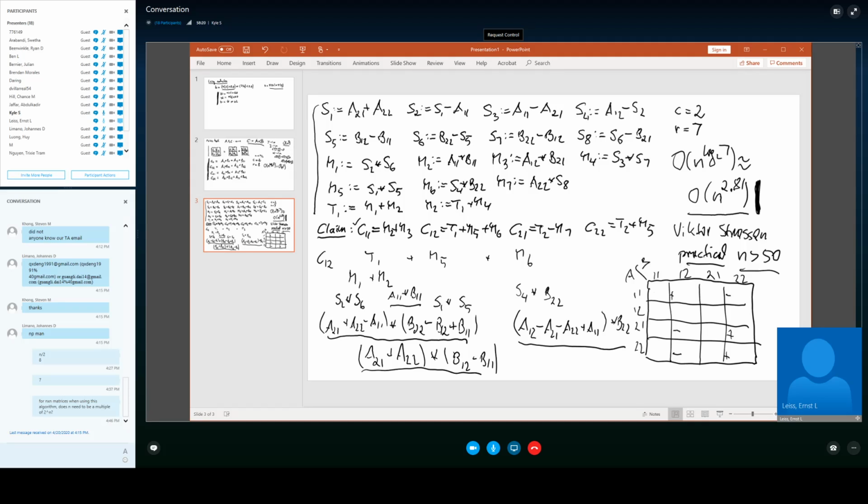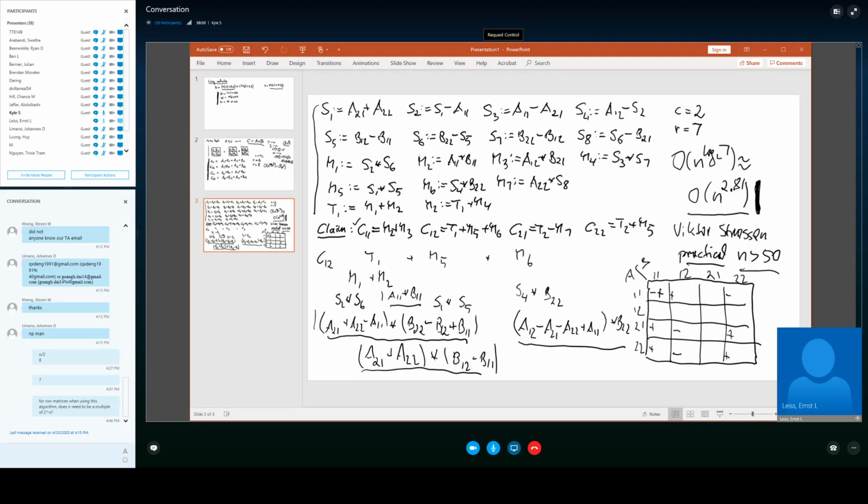And then I have the same thing for the B11 column. So this is A21 with a plus, A22 with a plus, and minus A11. So these are those. Then we have to do the A11, B11. That's a plus.